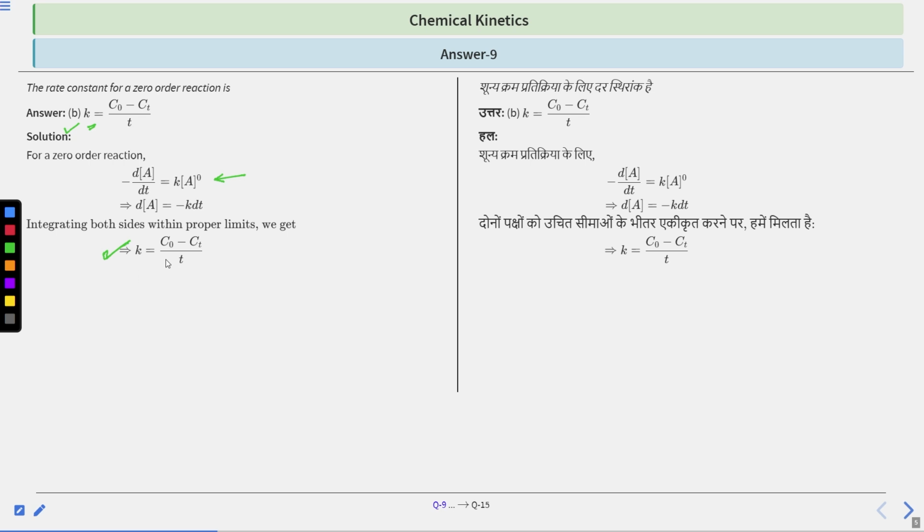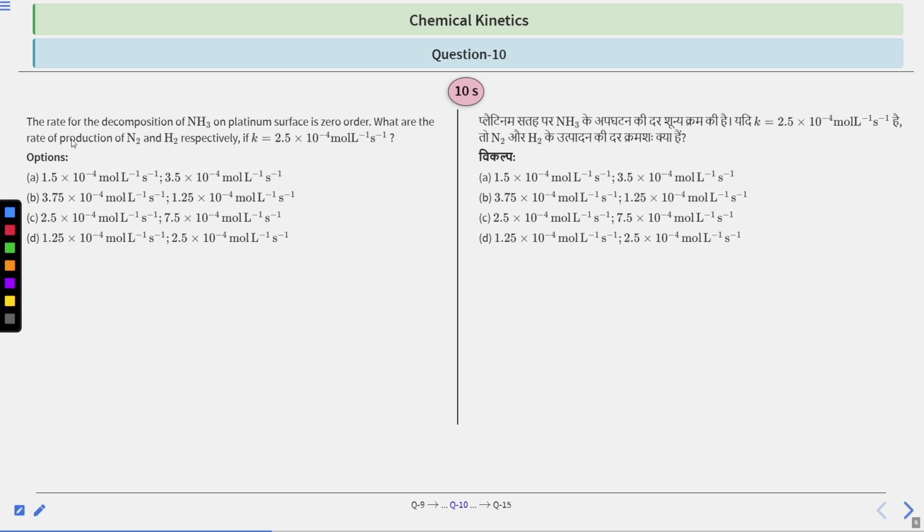Okay, so the rate constant for a zero order reaction will be equal to this equation, and thus option B is the correct answer. Question number 10.